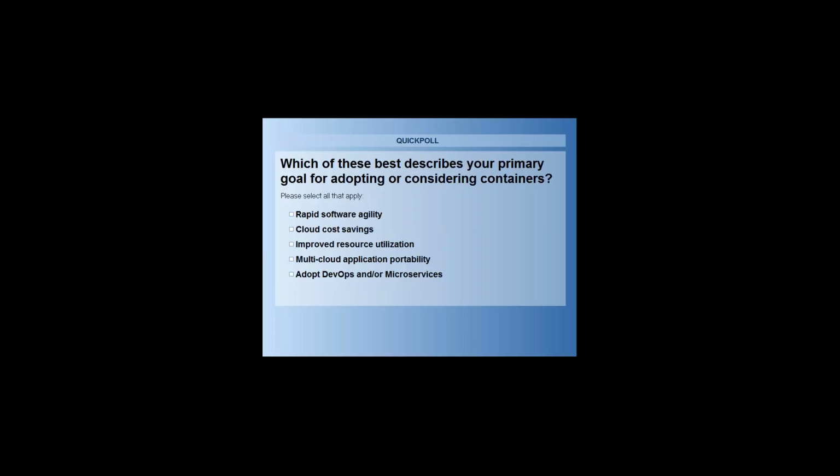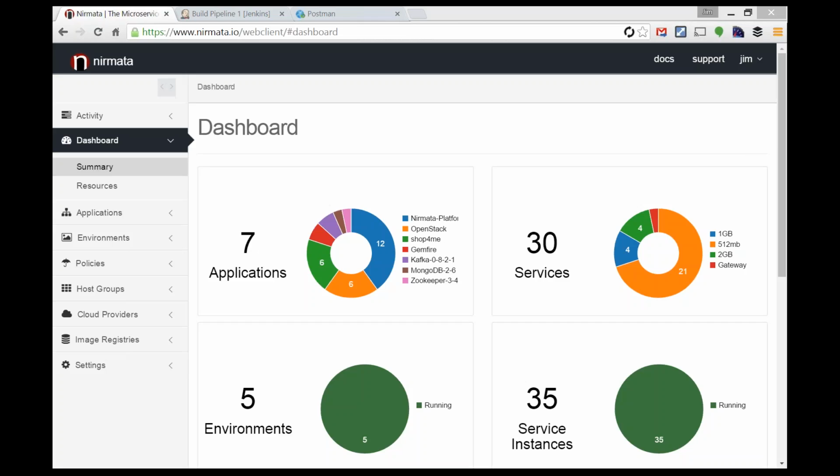Which of these best describe your primary goal for adopting or considering containers? You can select more than one here, guys, so I would imagine there is more than one goal. If you can take a moment to make your picks, we don't want to waste too much time. So we'll do another 5 seconds: 5, 4, 3, 2, 1.